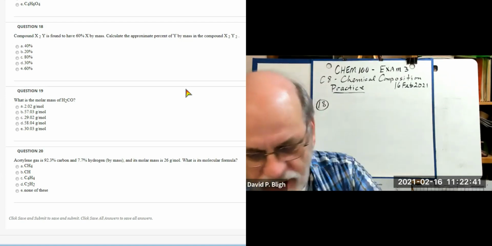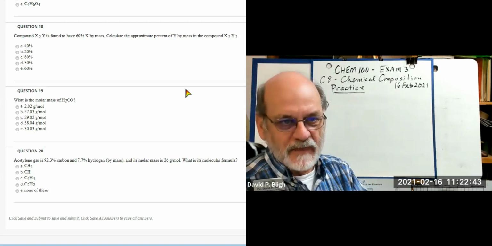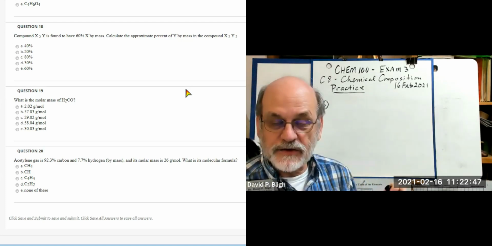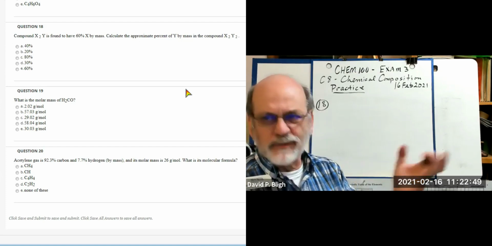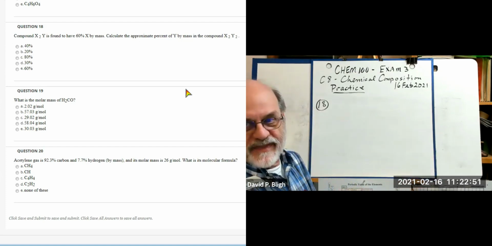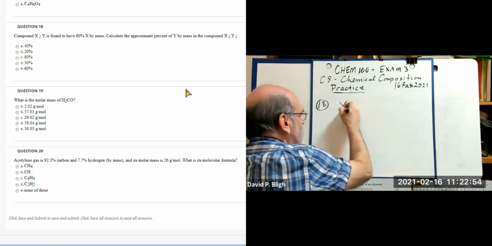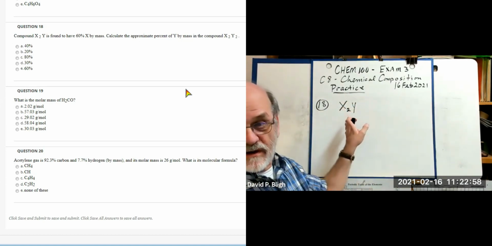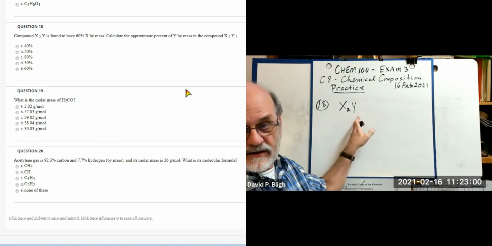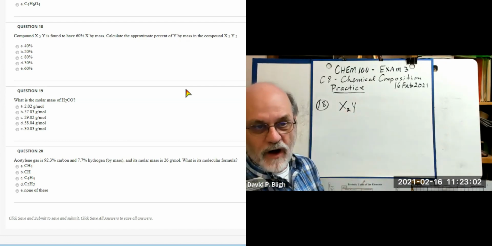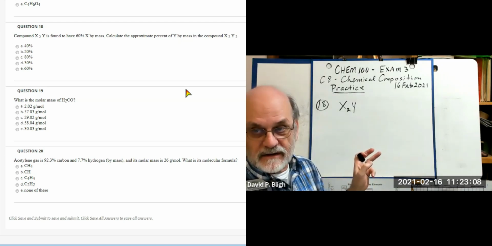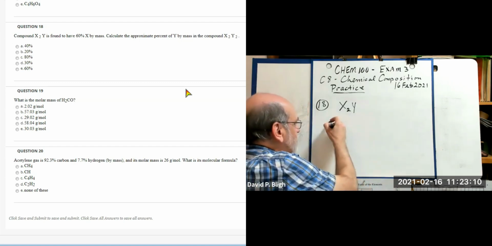Okay, so let me work this one out for you. So we got a compound that's X2Y, and that could be anything, right? It's just hypothetical. We know that's the ratio of element X to element Y. And we're also given that in this compound, X represents 60% of the mass of the compound.